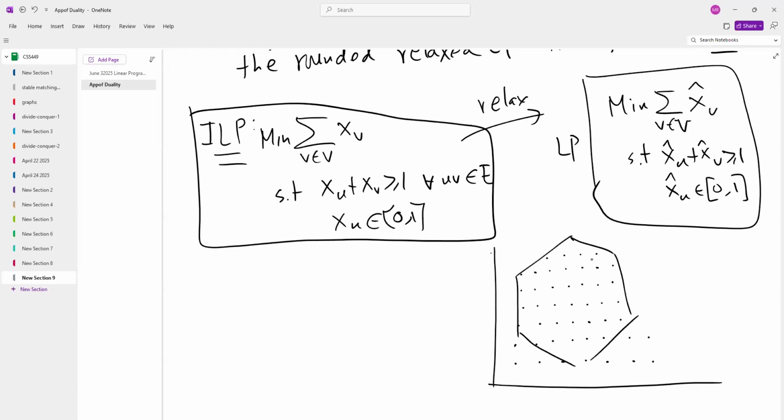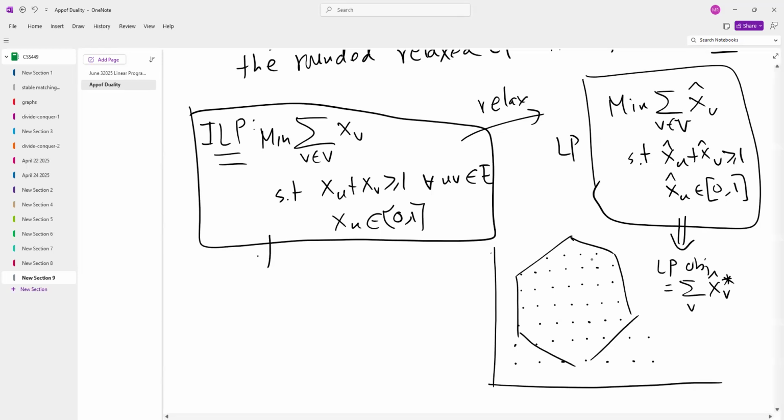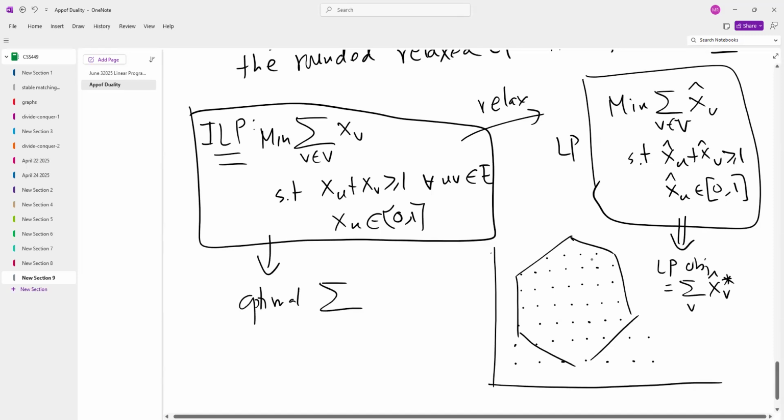Let's say the optimal solution for the LP is x_v star, so the LP objective is the summation over all the x_v star. And for the ILP, the optimal is the summation of the x_v star.